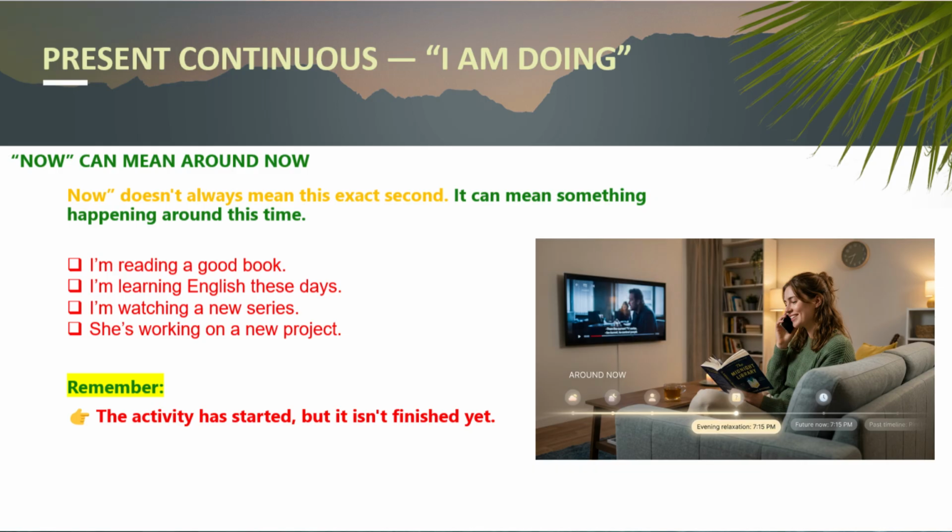Maybe I'm saying this while talking to you, so obviously I'm not reading the book at this exact second, but I have started reading the book and I haven't finished it. Reading that book is one of my current activities. I might have read it yesterday, I might read it again tonight, and I might finish it tomorrow. So "I'm reading a good book" is perfectly natural.